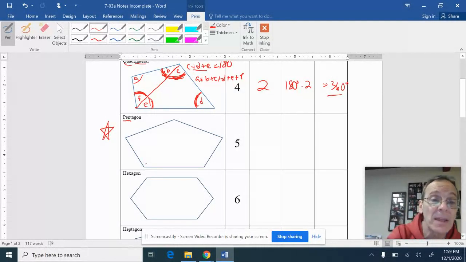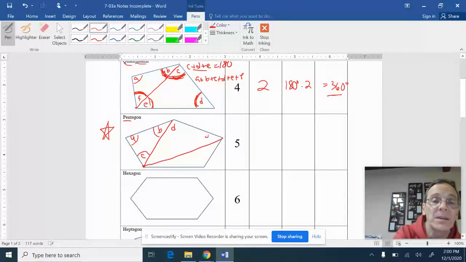Anyway, we take a pentagon, do the same thing. From one vertex, kind of carve out one triangle over here. There's going to be 180 degrees worth of angles in that triangle. And then from that same vertex, carve out another triangle, D, E, and F. And actually, that diagonal there has the effect of carving out 2 additional triangles.